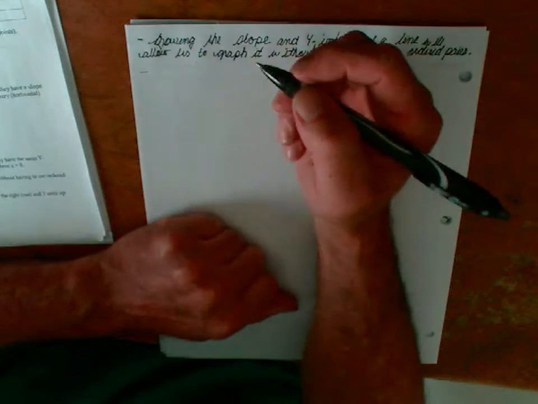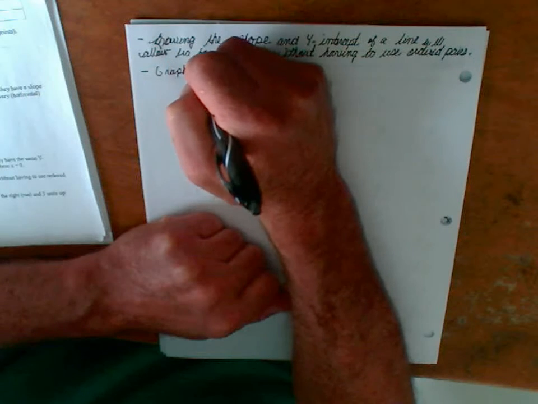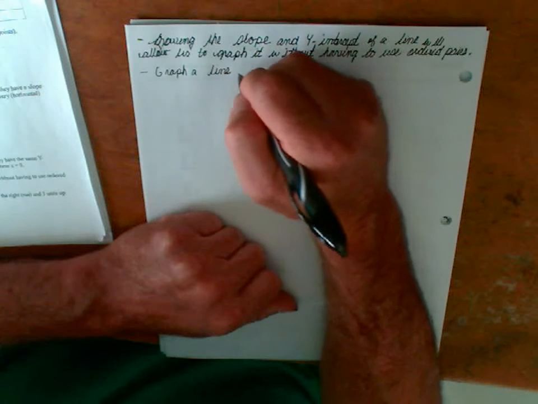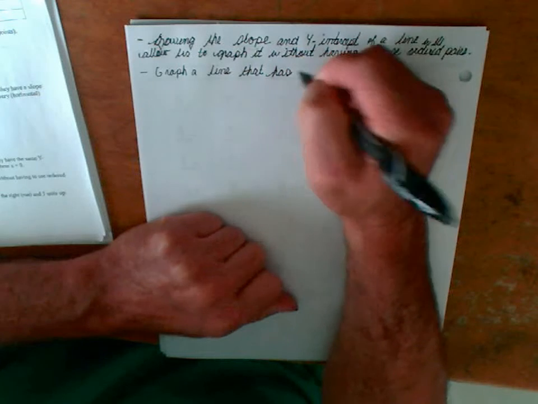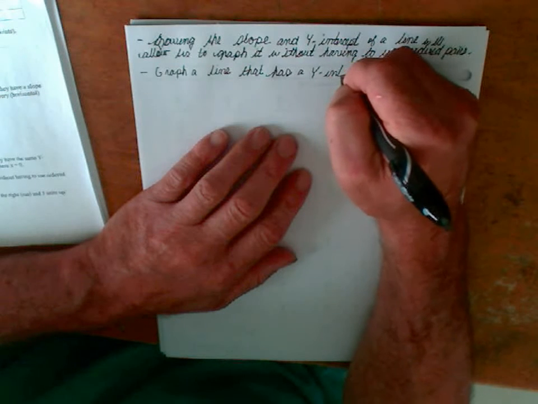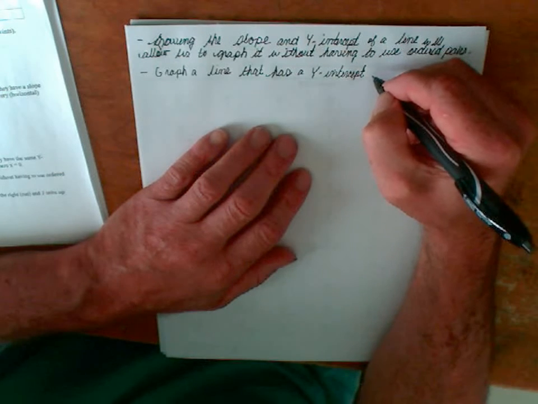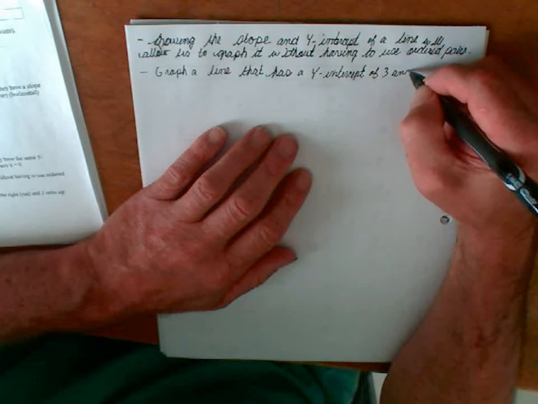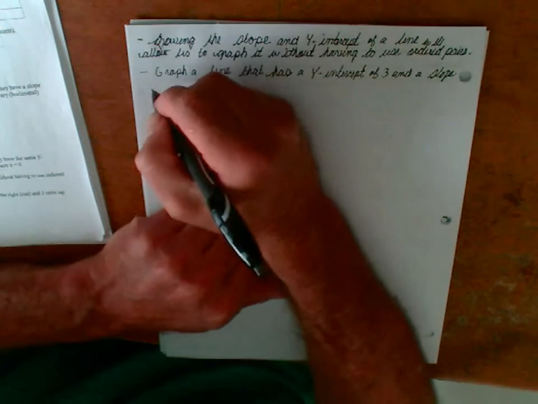Okay, so here's our question. Let's graph a line that has a y-intercept, so it crosses the y-axis, of 3 and a slope of 3.